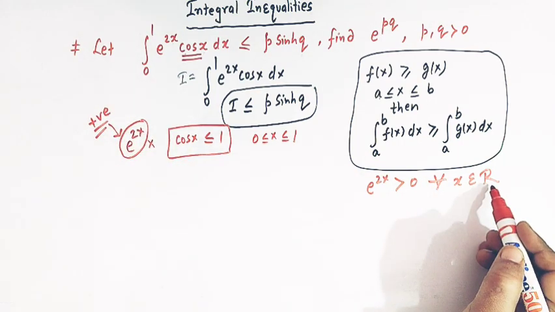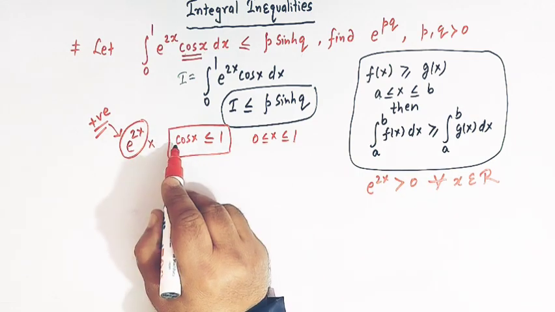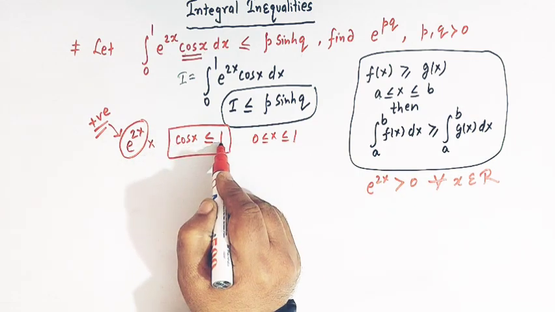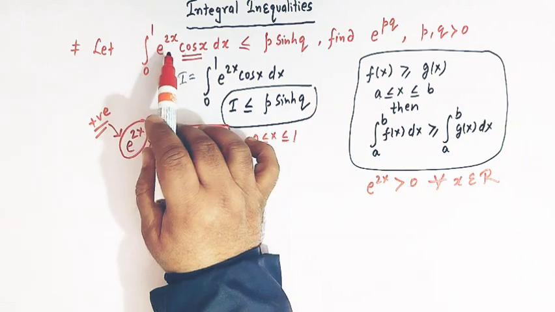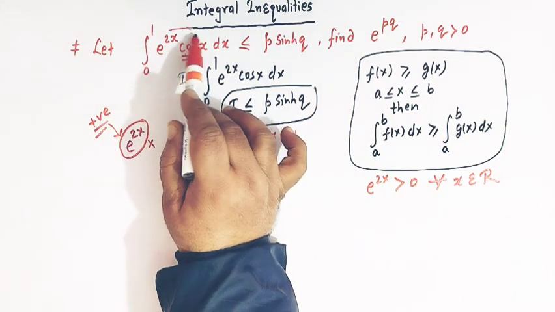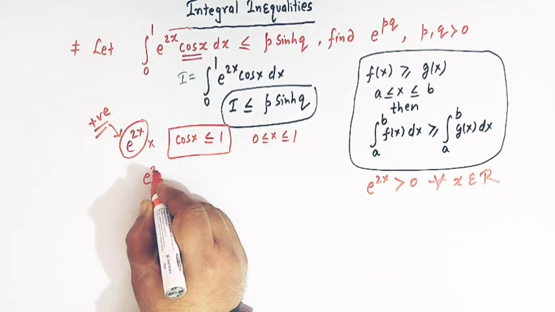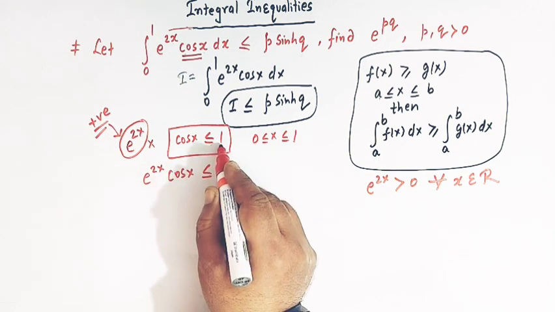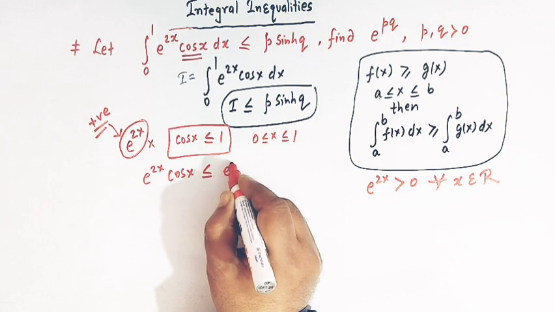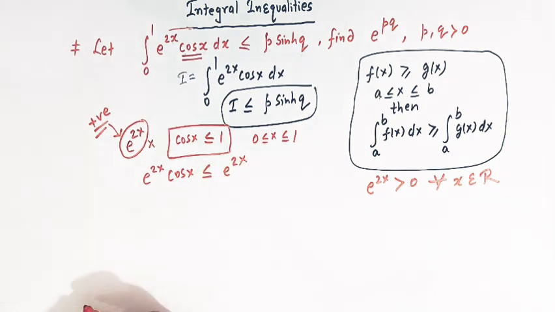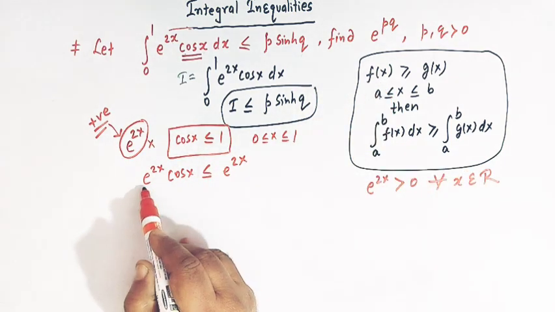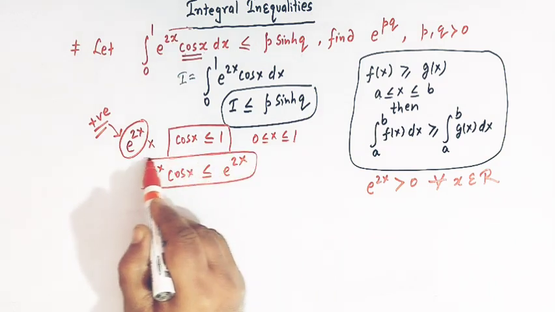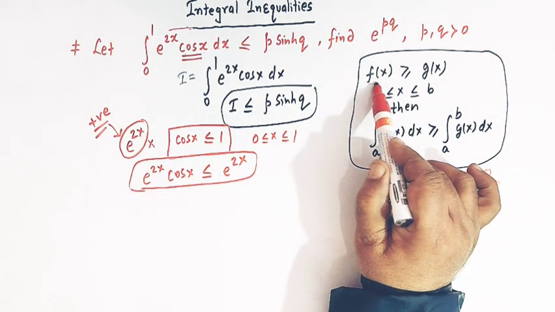We multiply cos x and 1 by e raised to 2x, so we now have e raised to 2x cos x, and on the other side 1 times e raised to 2x, which is e raised to 2x. So we have obtained an inequality which is similar to the one we stated.